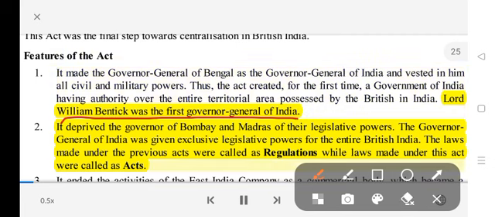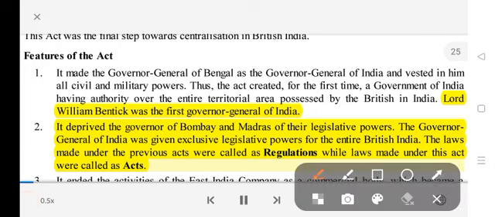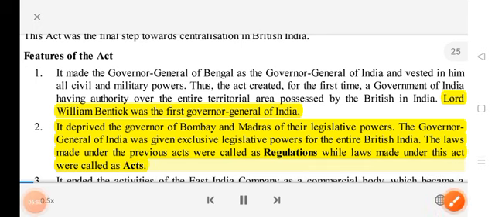It deprived the Governor of Bombay and Madras of their legislative powers. The Governor-General of India was given exclusive legislative powers for the entire British India. The laws made under the previous acts were called regulations, while laws made under this act were called acts.